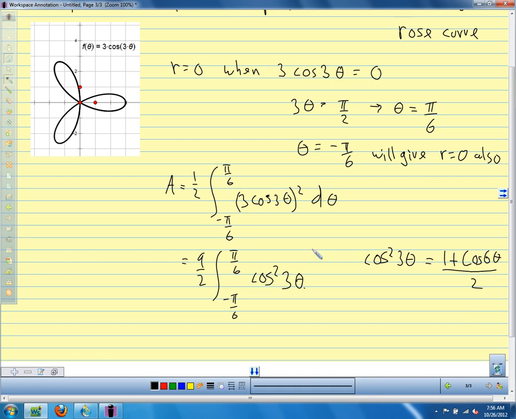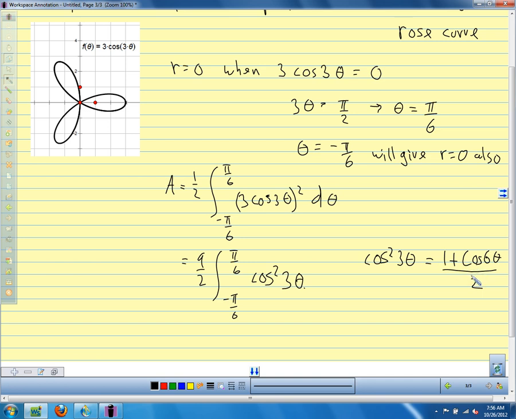This is called a power reducing formula. Cosine squared theta comes up a lot in trig integrals, so we need to remember this power reducing identity.